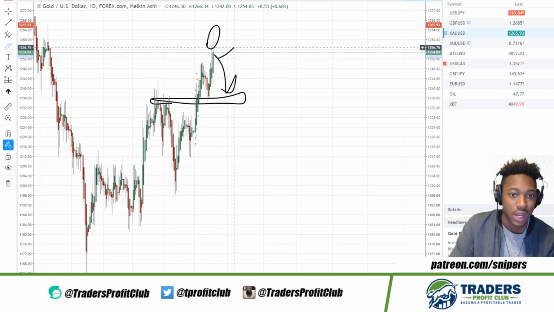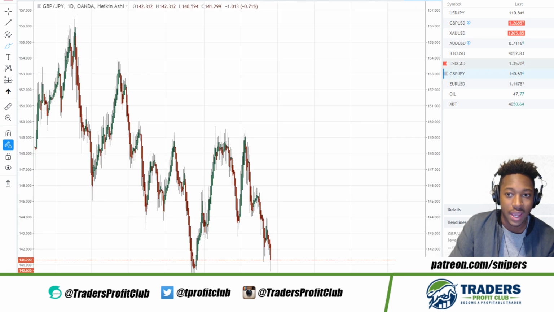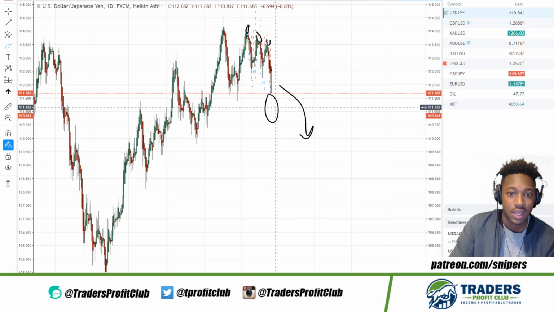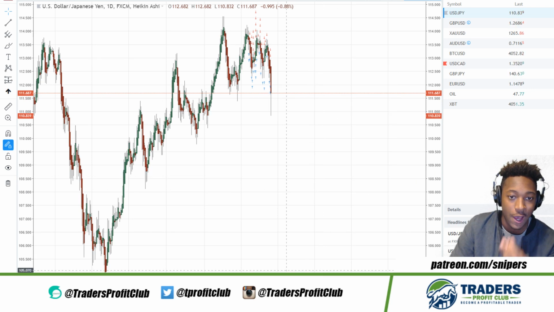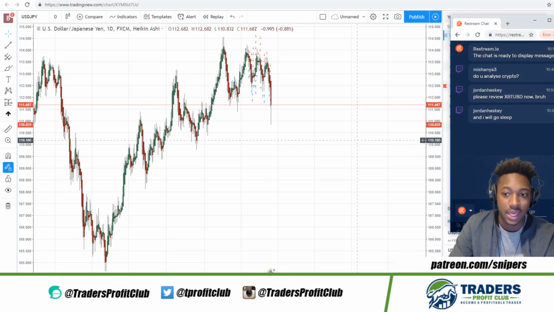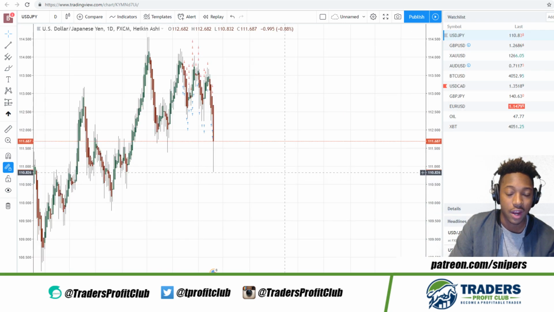We're going to see price move in a higher direction, and once we see that higher direction confirmed, we're going to see price go lower again for the US dollar Japanese yen. So this is where we understand and are able to make a profound market strategy that we can implement into our focus structures and how price can now move into a new higher perspective.